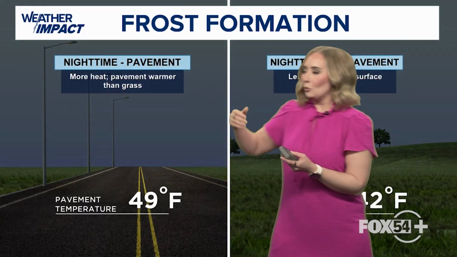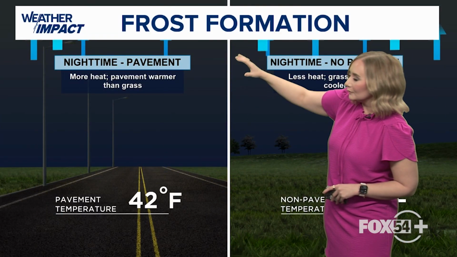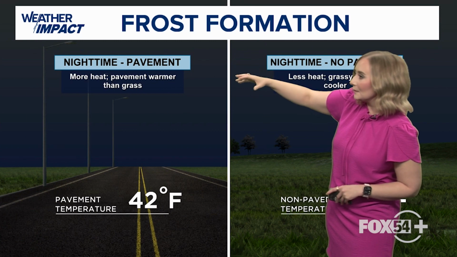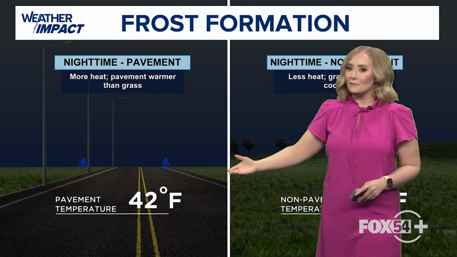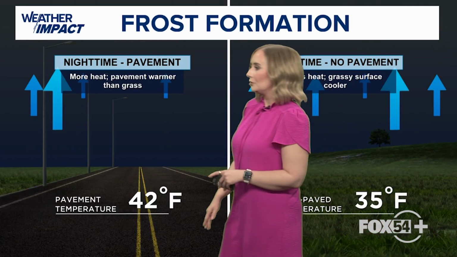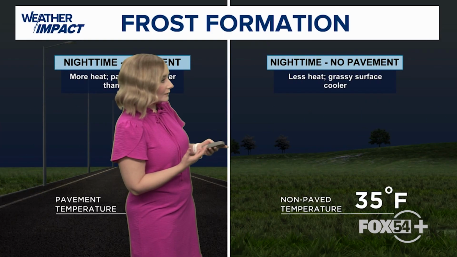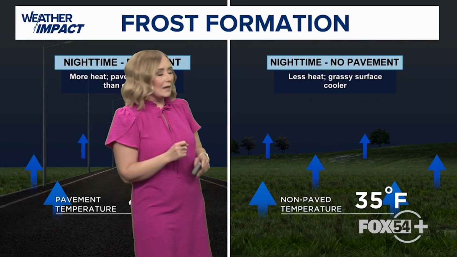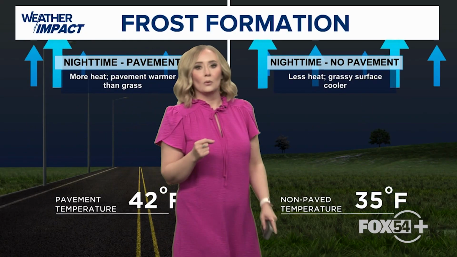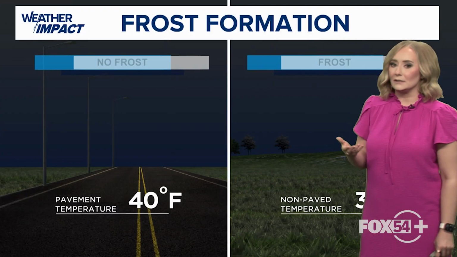Once nighttime comes along, the pavement is going to be warmer than the grass. So say the pavement temperature is about 42 degrees. But on grassy surfaces, with no pavement involved, we're going to see less heat, and the grassy surfaces are going to be much cooler than the pavement surfaces that we usually see here.